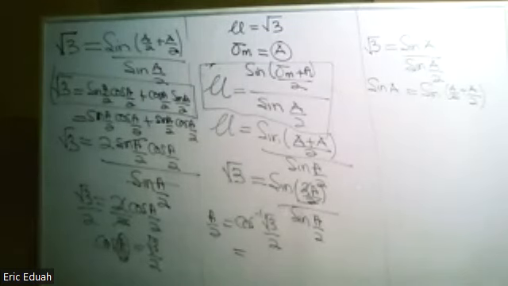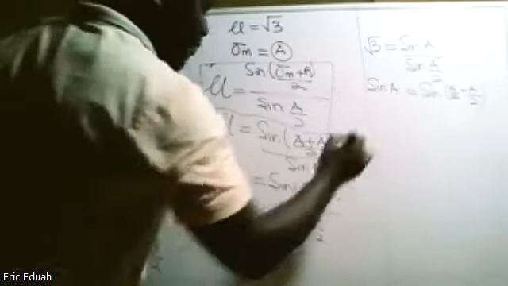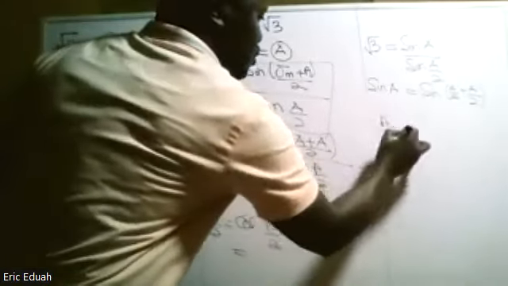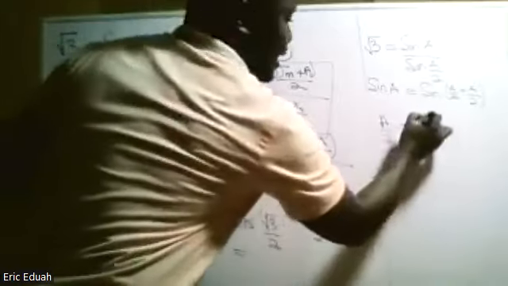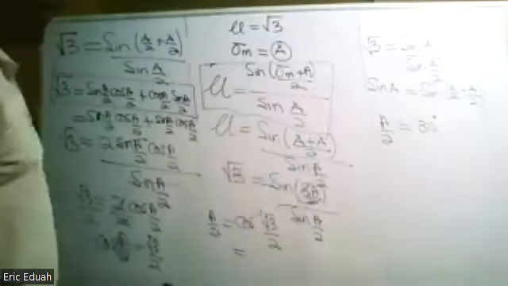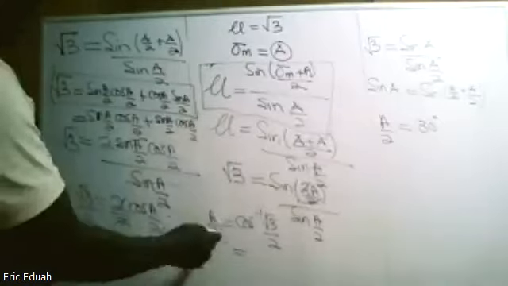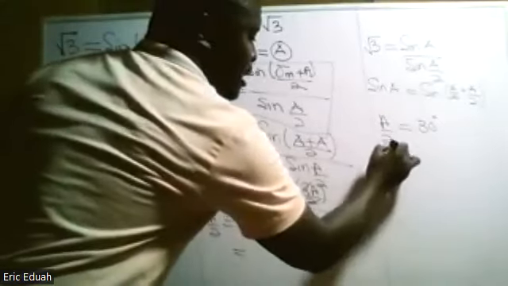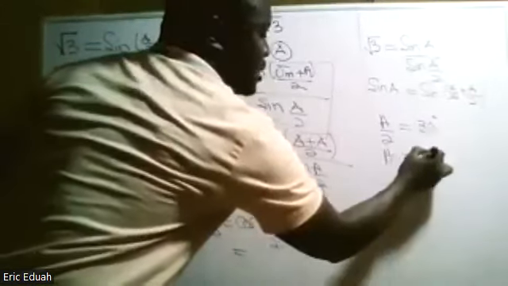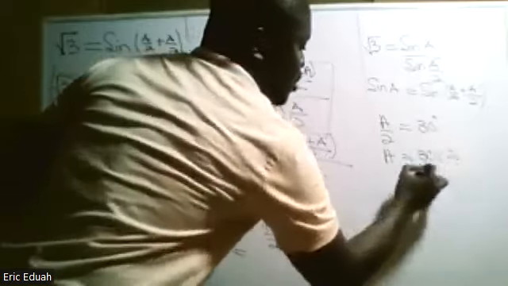So we have A on 2 equal to 30. If A on 2 is equal to 30, then the angle of the prism is equal to 30 times 2, which is 60 degrees.